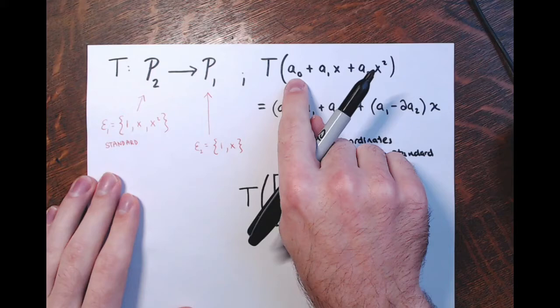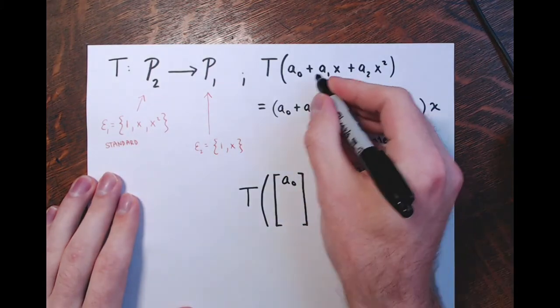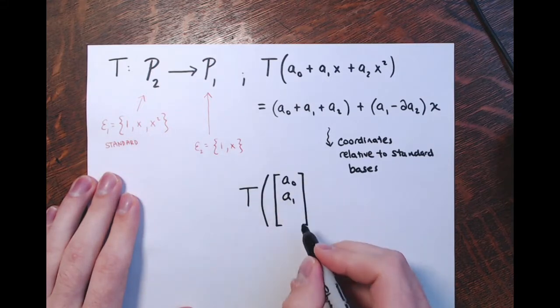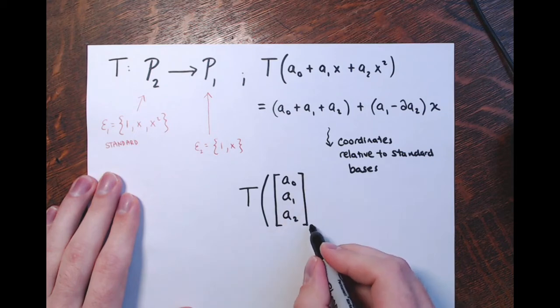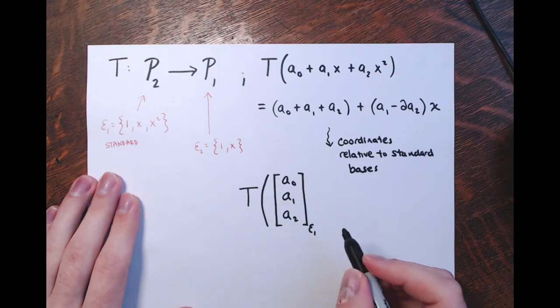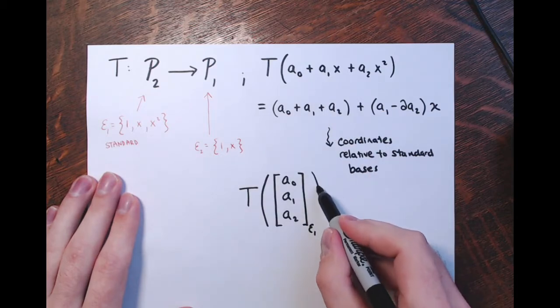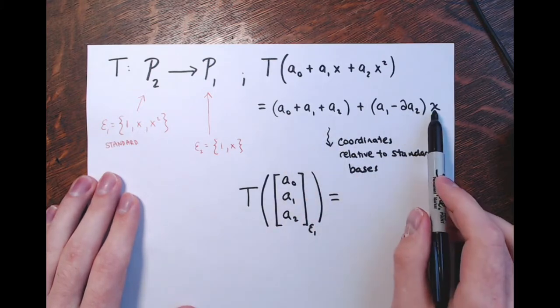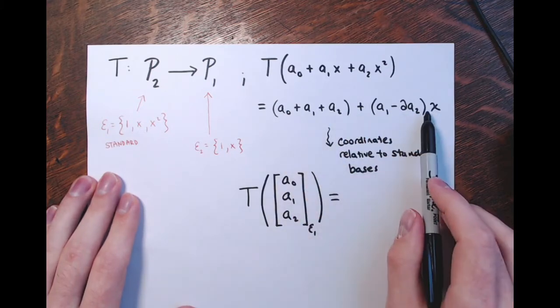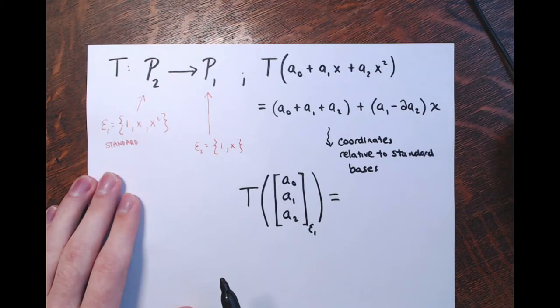Well, that's a0 times 1, so a0 would be the first coordinate, plus a1 times x, so a1 would be the second coordinate, and a2 times x squared, so a2 would be the third coordinate. Again, this is relative to E1 here. These are the coordinates of that polynomial relative to E1. And this will be equal to the output, which I'm going to write as a coordinate vector with the coordinates relative to E2, the basis for the codomain.